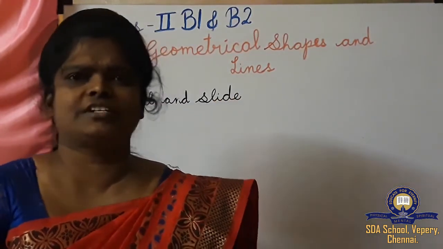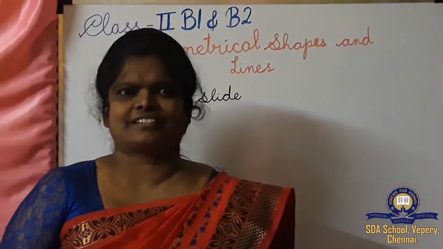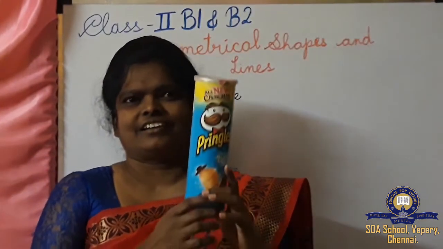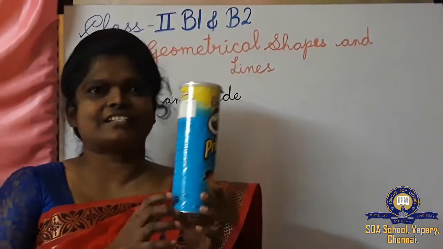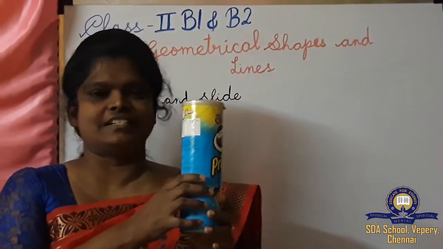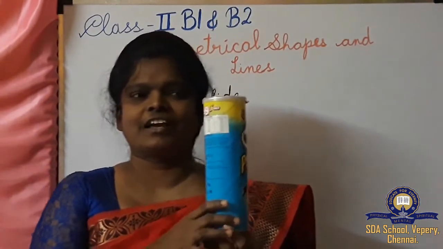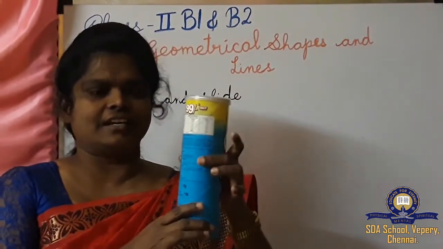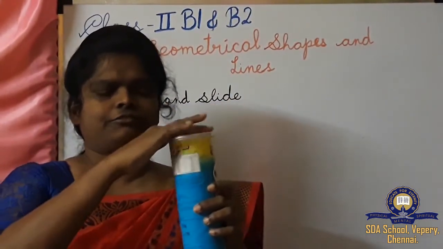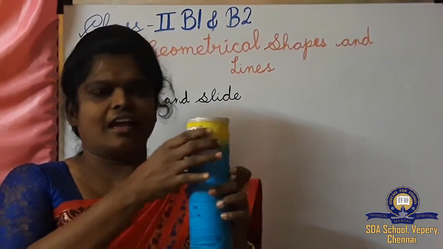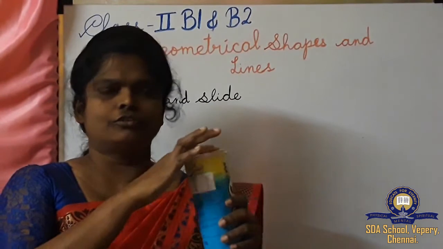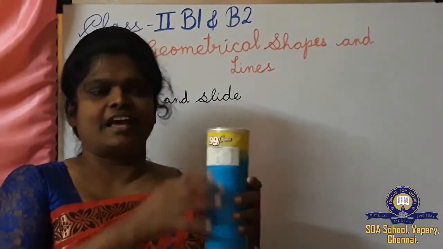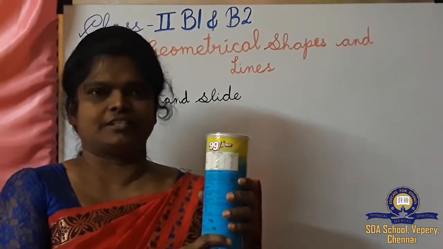And one more 3D shape is, can you see this one? Yes, it's the shape of cylinder. The cylinder has 2 flat faces and 1 curved face.